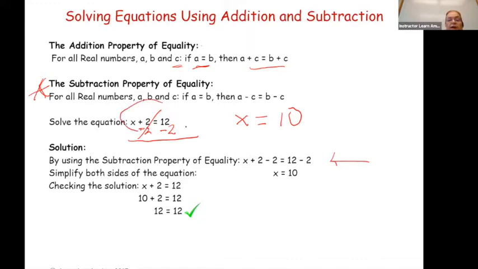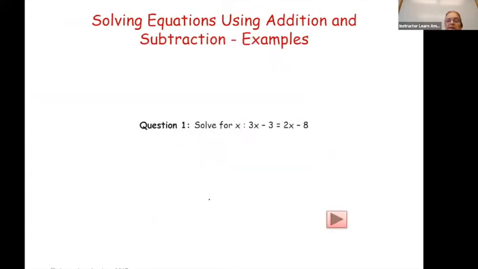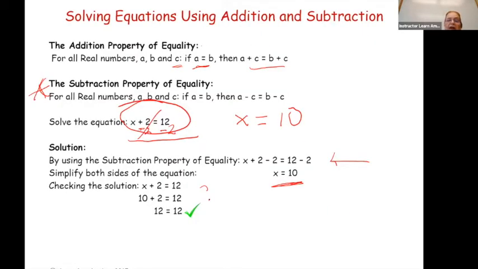The original equation here is x plus 2 equals 12. We had a value of x equals 10. We substitute that for x. 10 plus 2 equals 12. Is that true? Yes, it is. And so we have 12 equals 12, and that proves that the equation is solved correctly.